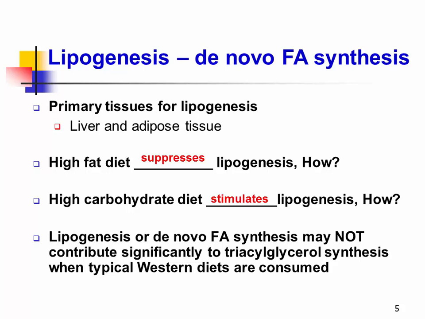Okay, so the last point. What we are trying to say here is that lipogenesis, or de novo lipogenesis, may not contribute significantly to triglyceride synthesis when we consume a Western diet, meaning the high-fat diet.